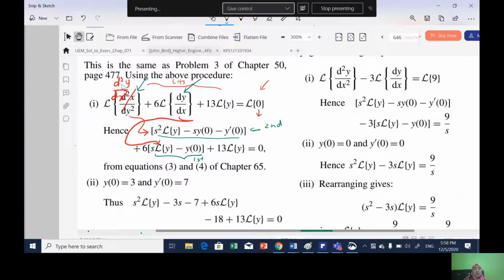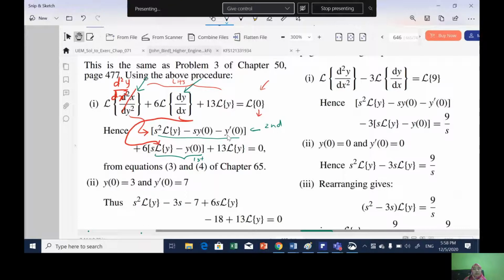Whatever we change, the second derivative and also the first derivative, into the one in the brackets, the one inside here will be the initial value. This means y(0): when x is 0, what is the value of y? And y prime means dy/dx when x is 0.